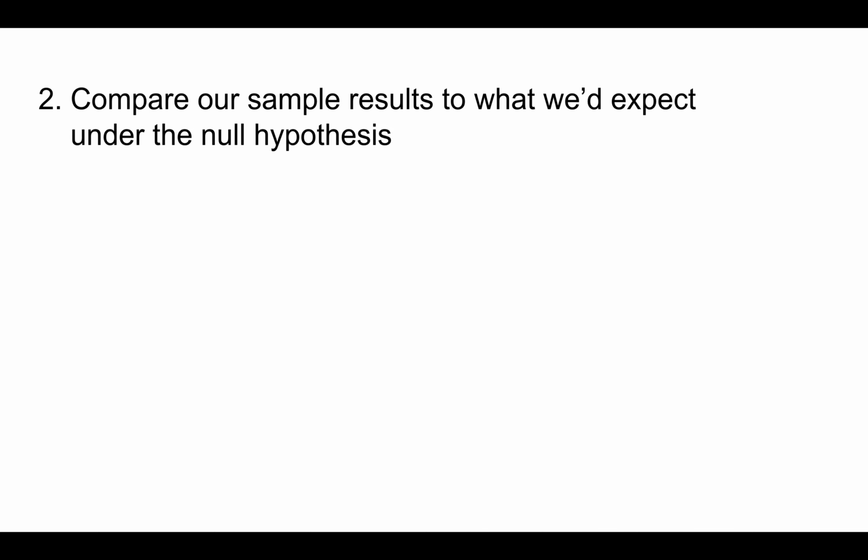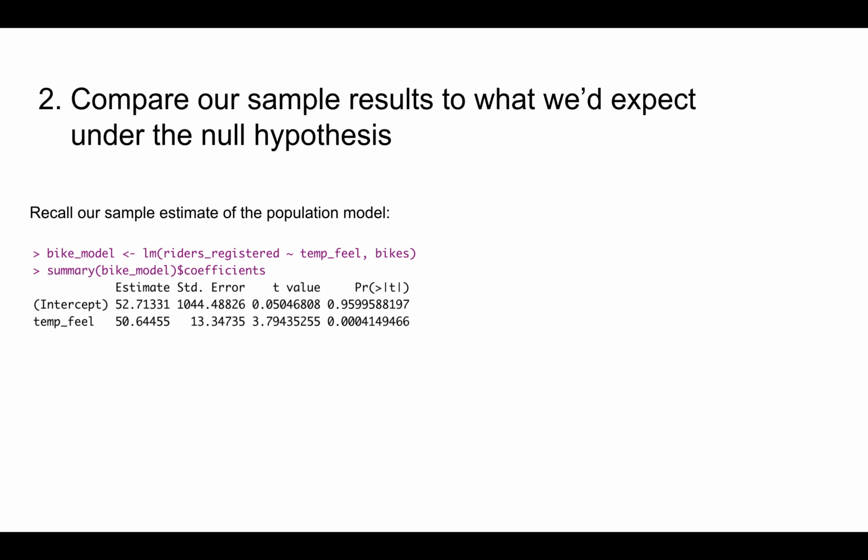In the spirit of innocent until proven guilty, we must compare our sample results to what we'd expect under the null hypothesis. That is, we assume that the null hypothesis is true and question how compatible our sample data is with this hypothesis. To this end, recall our sample model.